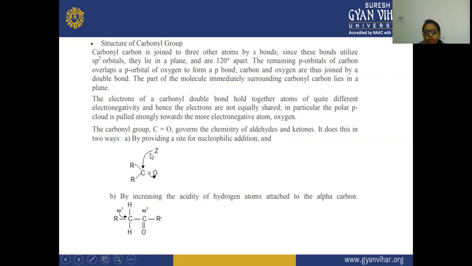The carbonyl group, C=O, governs the chemistry of aldehydes and ketones. It does this in two ways. First, by providing a site for nucleophilic addition.